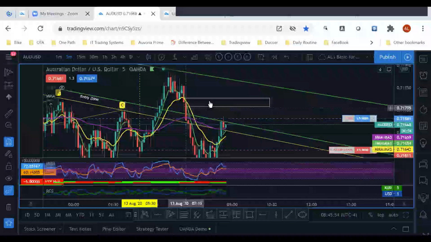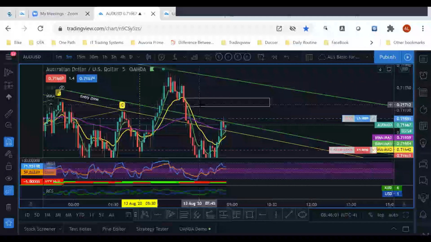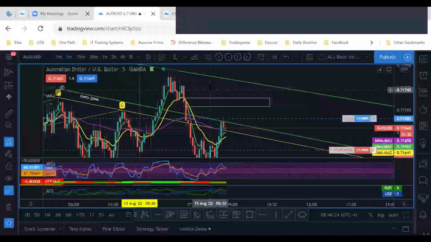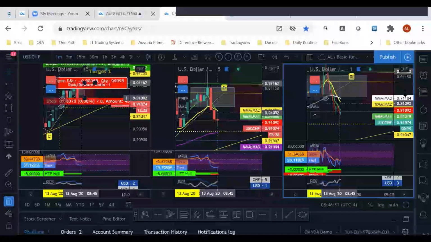I would expect a little bit of a challenge on this. So none of these are really cooperating very nicely today. They break out and then they come back in again.